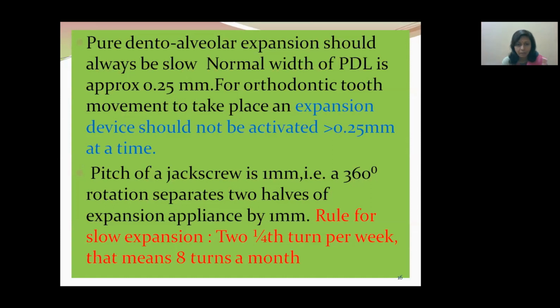Hence, for the screw that is used in making the appliance, a 360-degree rotation of this screw will separate the two halves of the expansion appliance by 1 millimeter. And the activation schedule states that a slow expansion appliance should have a 1/4 turn per week, that is 8 turns a month in total.